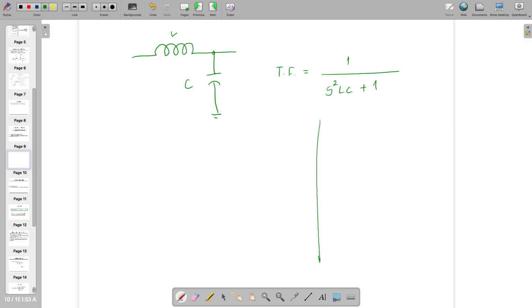I'm drawing the pole-zero plot. Yes or no? Is it correct? So this system is stable or unstable? Why is it unstable?